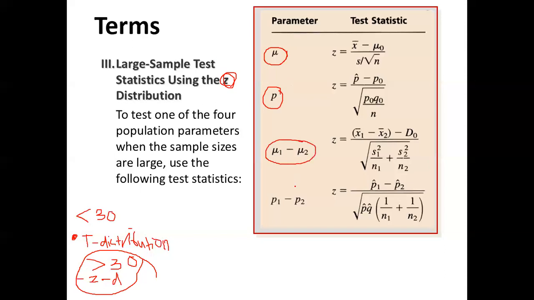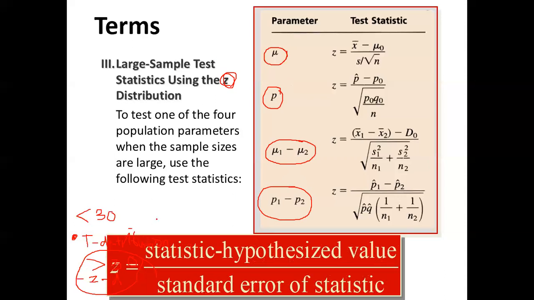And the last one is the difference between the two proportions. Okay, so let's see the example. The Z statistic is equal to the statistic minus the hypothesized value divided by the standard error. Never mind, we are going to see the examples.